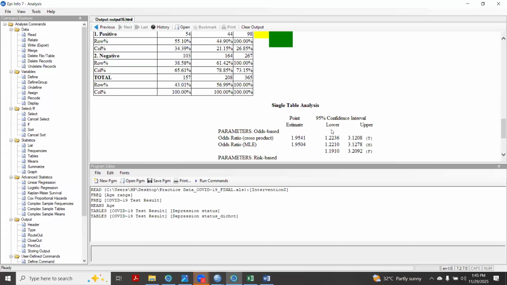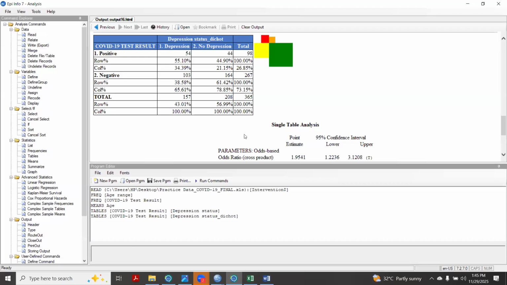But you can just use the first row, okay? So this odds is telling us that those that tested positive for COVID-19 are 1.95 times more at odds. Are you seeing the term? More at odds of being depressed than those that tested negative.